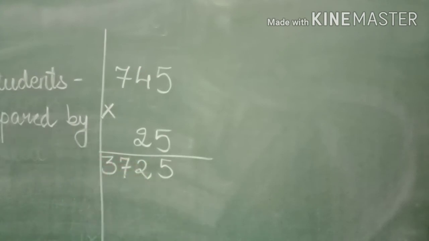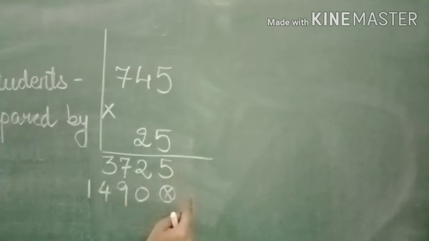So the answer is 3725. Now we are going to do the calculation for 2, which is standing in the tens place. So we are going to write 0 here. Then 2 fives are 10, 1 carried up, 0 written down. 2 fours are 8, 8 plus 1 becomes 9, 2 sevens are 14. So let's write 14. Now which sign are we going to use?